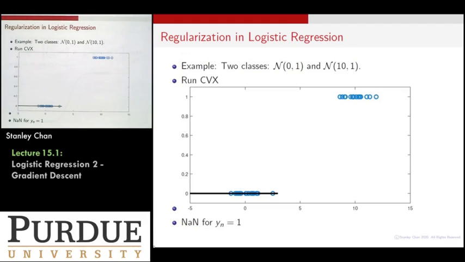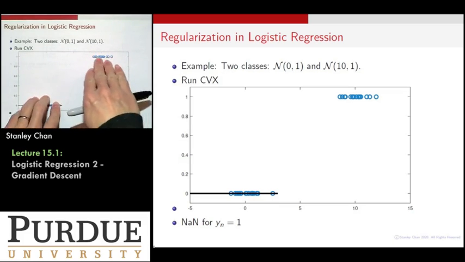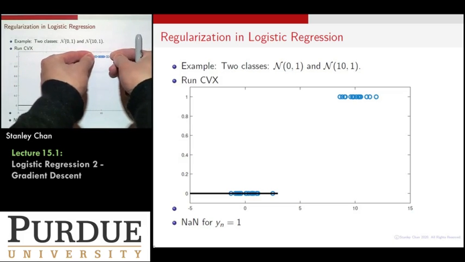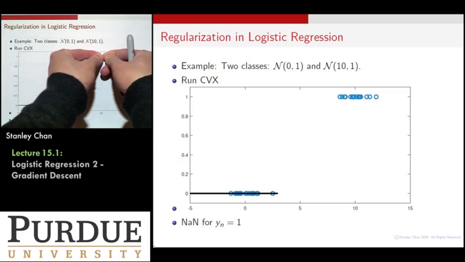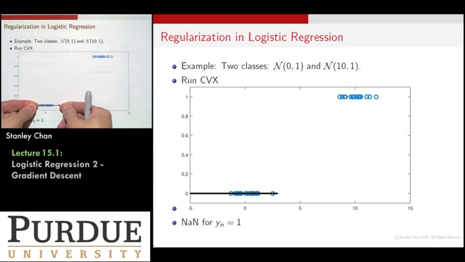So if this happens, and you run the CVX program, meaning that you do have data points that are really grouped together in their class, and then you try to fit the logistic function to them, it fits the data very close to 1.